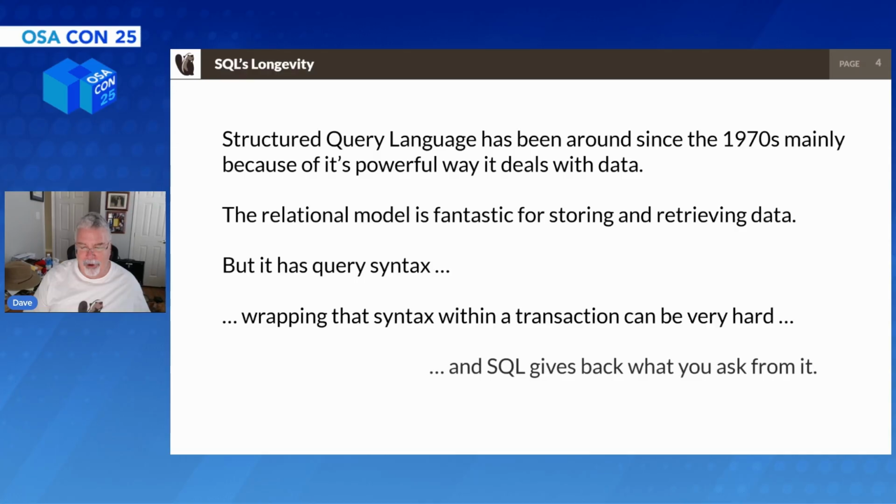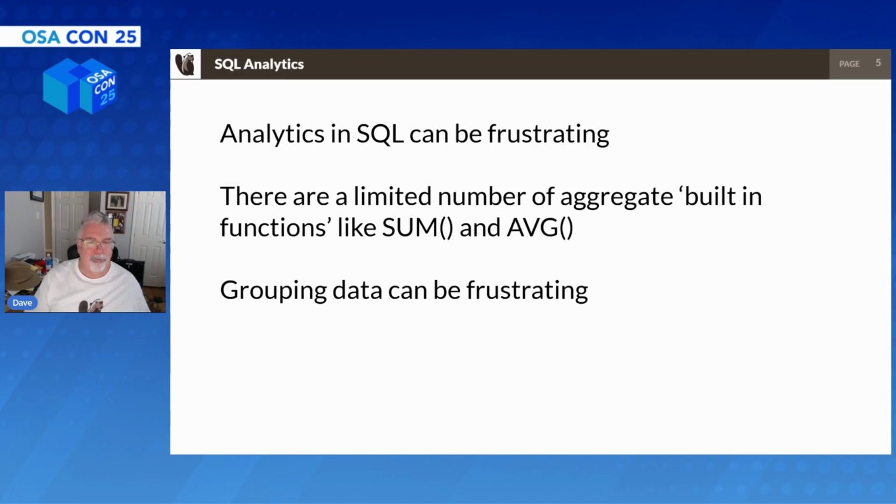And one of the things I've got to warn you, SQL tends to give back exactly what you asked from it. So like a bad AI, if you ask something a little obtuse, it will give you something back obtuse. So analytics in SQL by themselves can be frustrating. There are a limited number of aggregate functions, the built-in ones like sum, average, a few databases have mean, median, mode, that sort of thing.